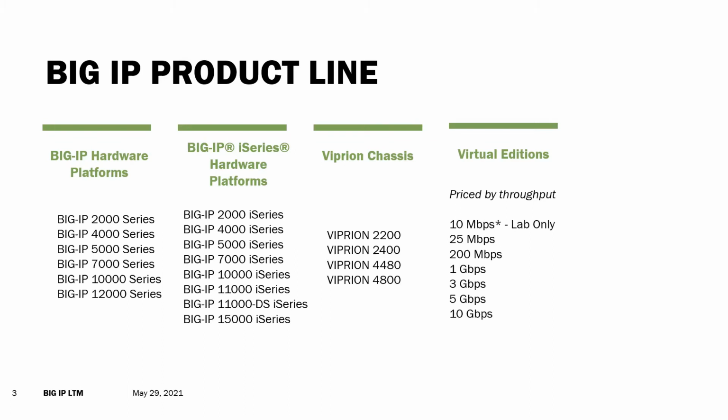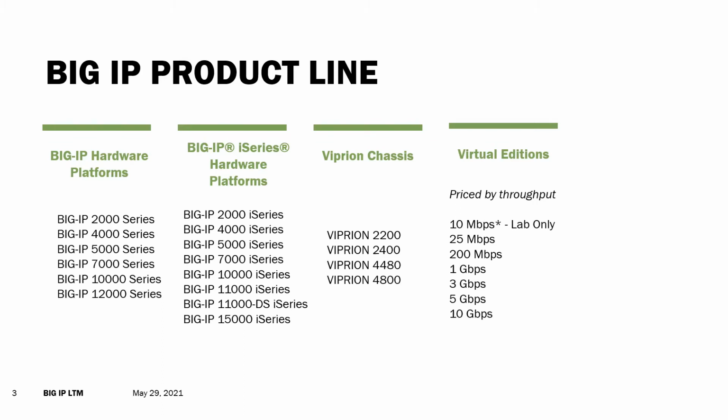So these VM editions are priced by throughput. When you're going to procure a VM, you will have to explain what kind of throughput you're looking for, and then they can dedicate a price for that and offer you the license. It starts with 10 Mbps.